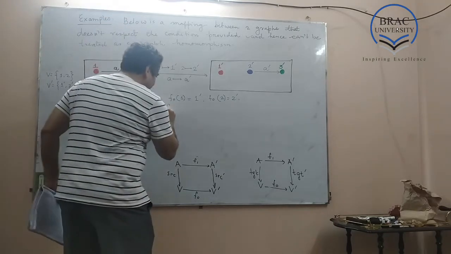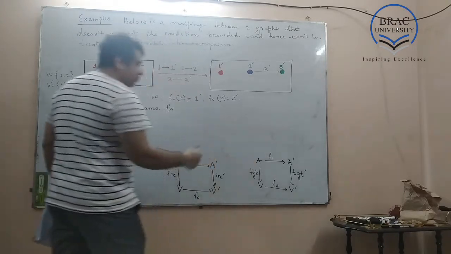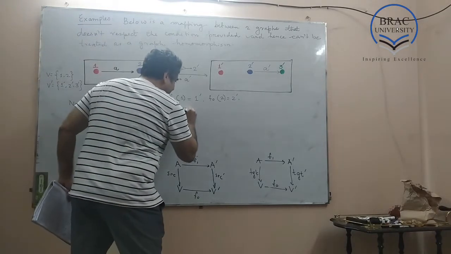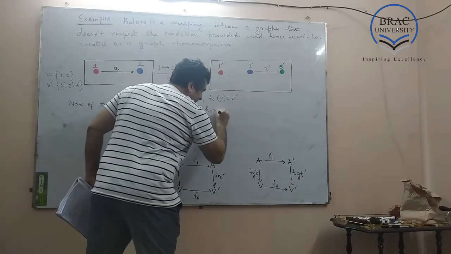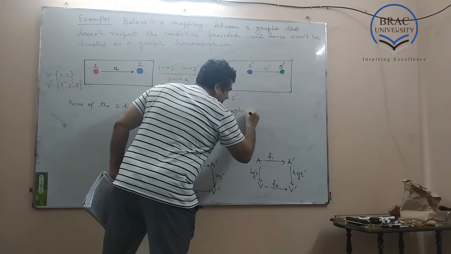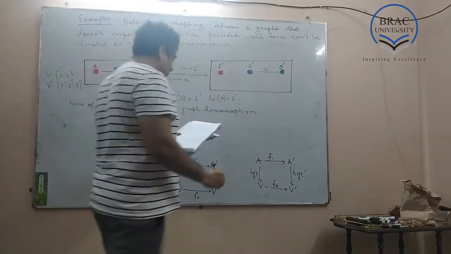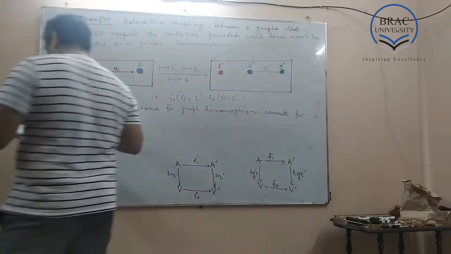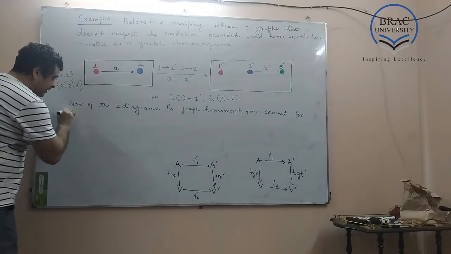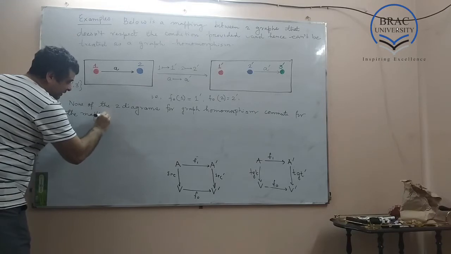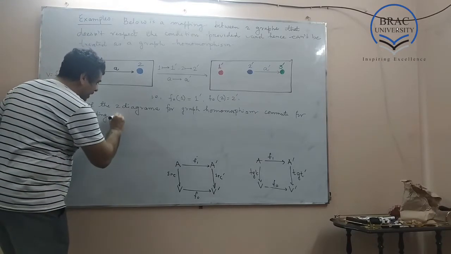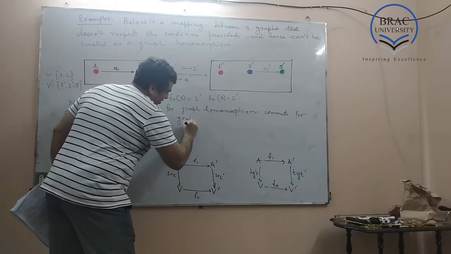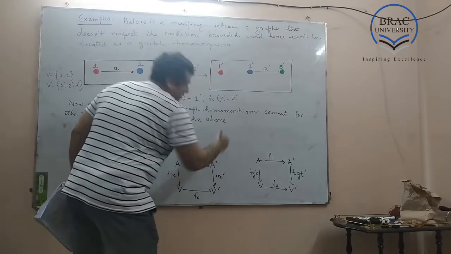None of these 2 diagrams for graph homomorphism commute for the mapping between the 2 graphs above. For graph homomorphism, we need these 2 diagrams to commute separately. Okay?